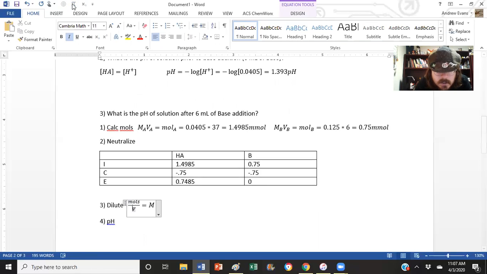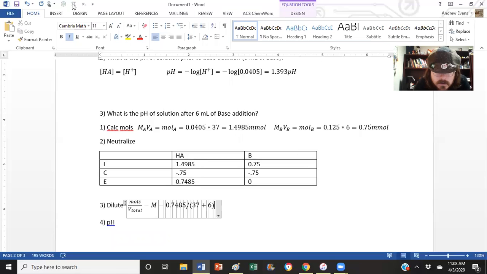Total volume has changed. So now our remaining moles, 0.7485, now has to be divided by our total volume, which is 37 plus 6.